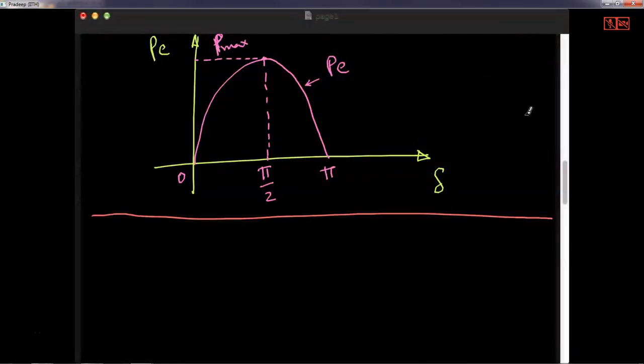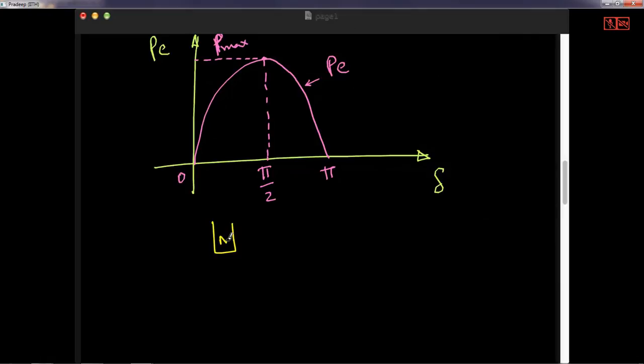Now the intuition of it. I'll just delete this line. Imagine that there is a north pole here and a south pole here. As I was explaining, this is the stator, rotating at synchronous speed.